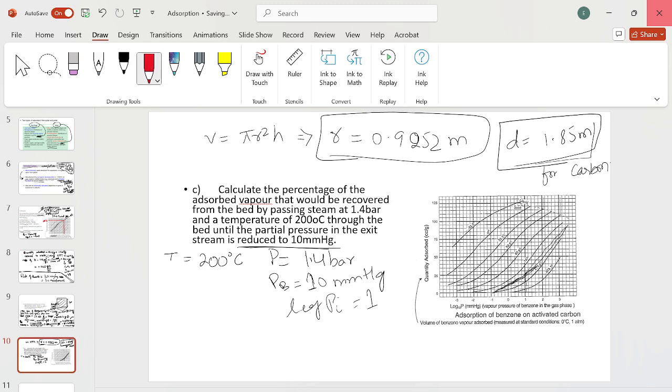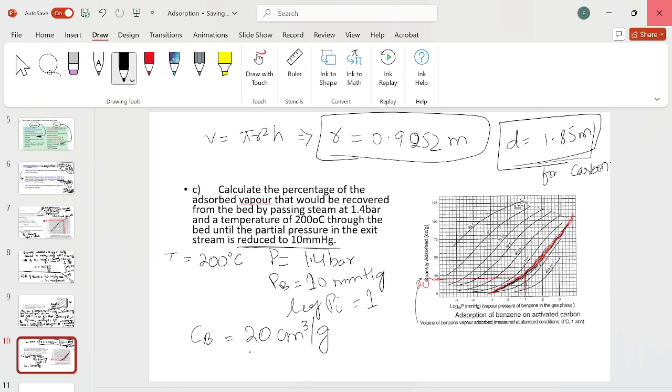I should use another color so that you can better see the line. So the concentration of benzene at this condition is 20 centimeter cube per gram.